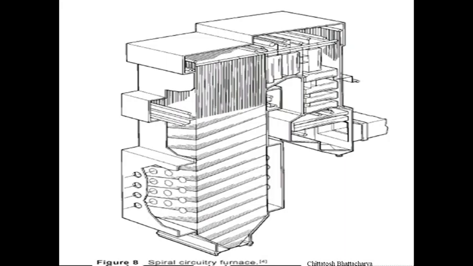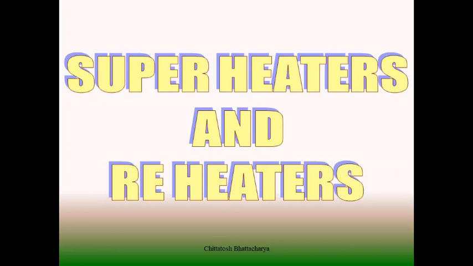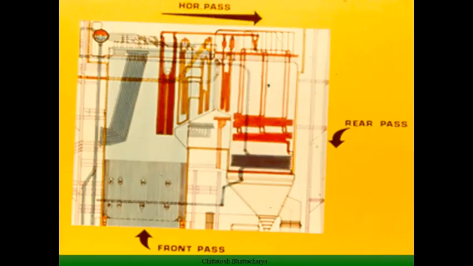Now we shall discuss superheaters and reheaters. As we have already informed, superheaters absorb around 30% of the generated heat due to combustion, and reheaters generally absorb around 14% of the total heat available within the boiler.